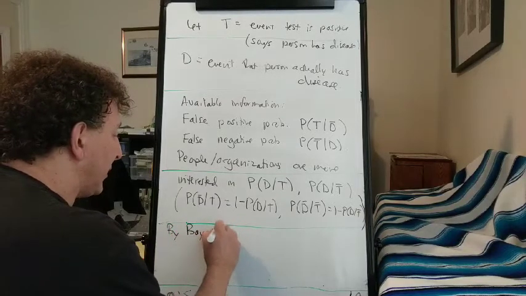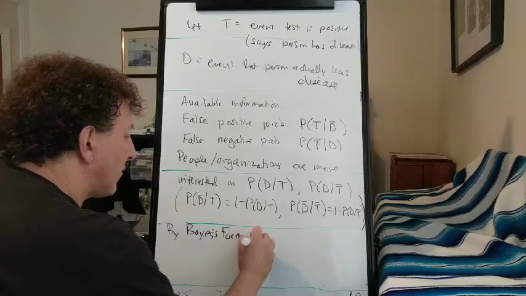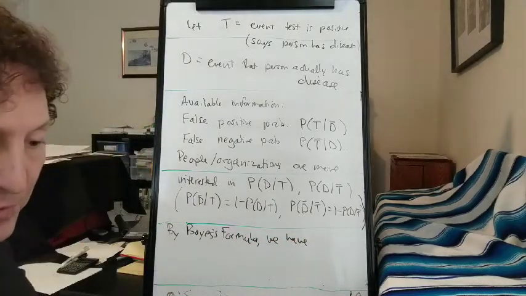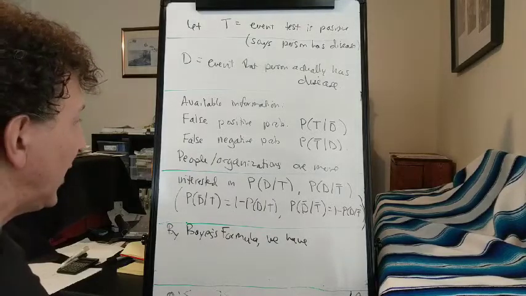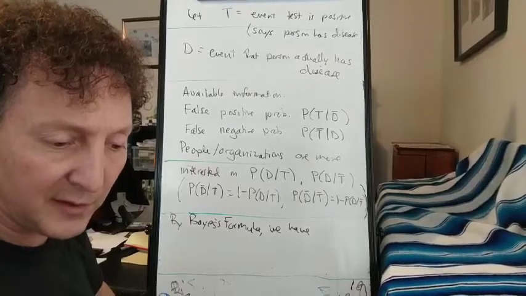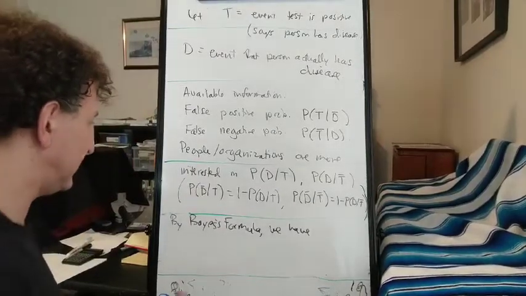Now, by Bayes' formula, let's do the probability of having the disease given that the test is negative.